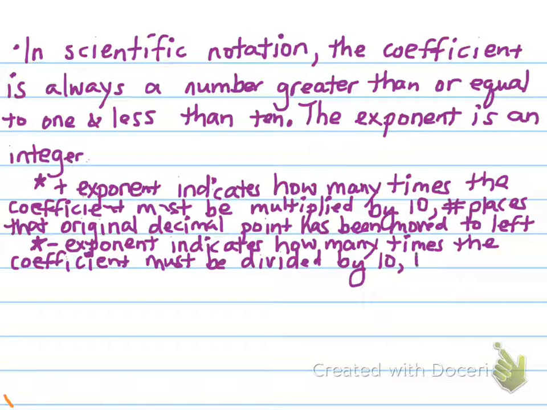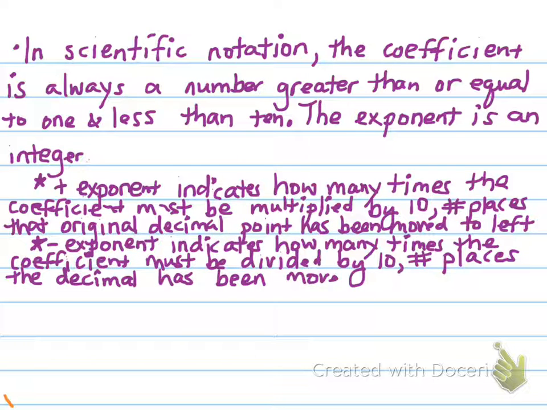We often usually think about this as the number of places the original decimal, or the decimal, has been moved to the right.